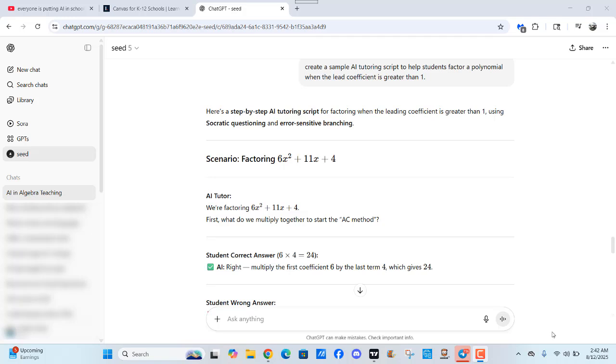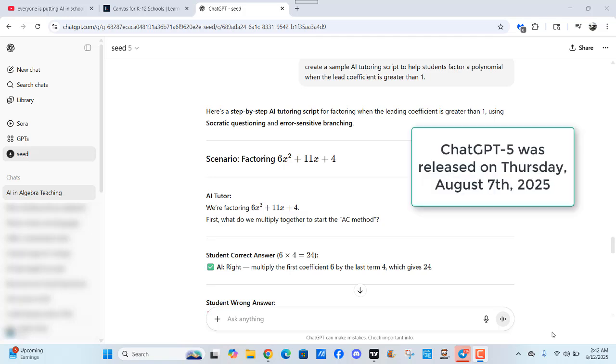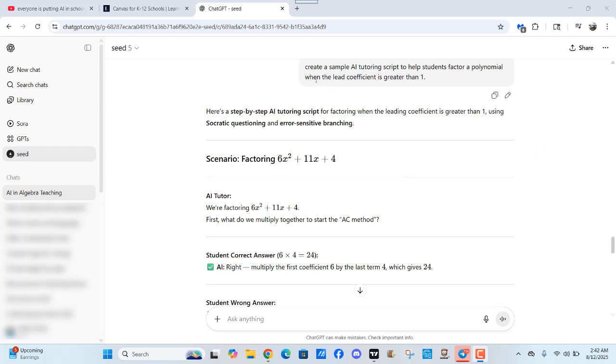So here I have ChatGPT open, and you know they came out with ChatGPT-5 a few days ago. So I'm using ChatGPT and here's the question I put in. Create a sample AI tutoring script to help students factor a polynomial when the lead coefficient is greater than 1.